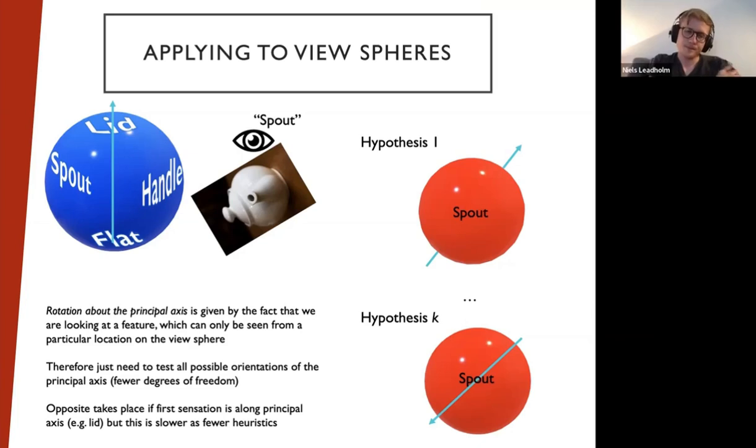So it takes a little bit of mental effort for me to say, if all of a sudden I've not seen the thing from the top, and I'm being shown the picture with the lid being the foremost thing, it might take a little more effort to recognize that, because the principal axis is now head on, and all the features we've seen so far have been oriented with respect to it.